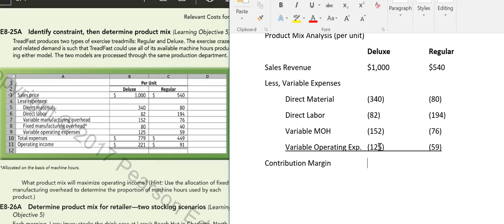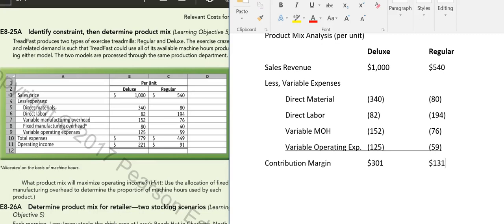I got 301 for the deluxe one. For the regular one, 540 minus 80 minus 194 minus 76 minus 59, and I got 131.